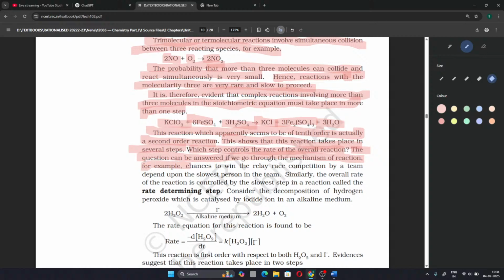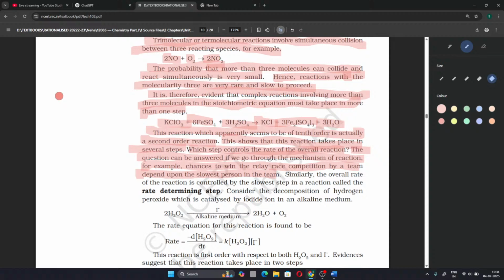For example, the chance of winning a relay race depends upon the slowest person in a team. A relay race is a race competition, and in such a case, it doesn't depend on the fastest player, but on the slowest player.